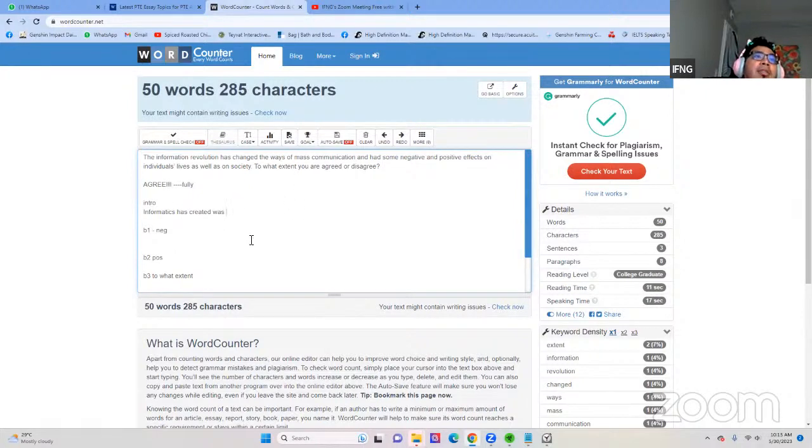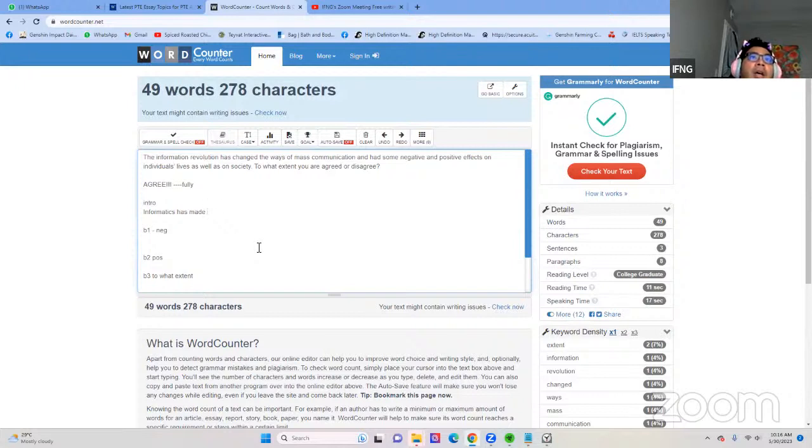Okay, informatics has made positive and negative. What other ways can we say positive and negative? Also, okay. So informatics has changed the ways of mass communication and had some positive and negative effects on individuals' lives, as well as society.